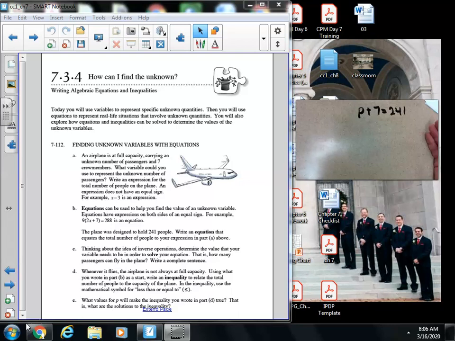Just like in a fraction, if we multiply the numerator by a number, we also need to multiply the denominator by that number. So how we write that is the inverse of 7 is subtracting 7. So we also need to subtract 7 from the other side. That leaves us with the number of passengers is equal to 241 minus 7, which is 234. So therefore, there could be 234 passengers on the airplane.